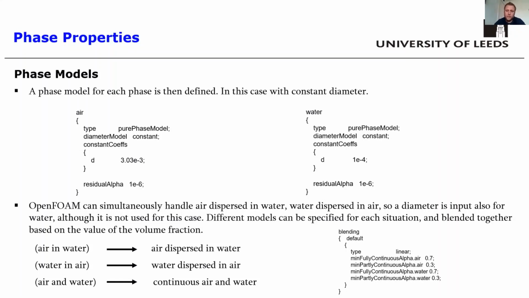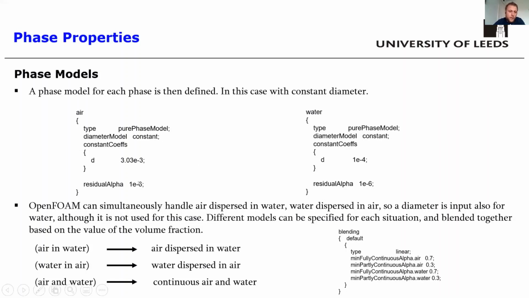It won't happen in this case, but I just wanted to mention this as an additional functionality of the model. And in this way, the model can take into account different flow regimes that can happen in the flow and select the right closure relation for the interfacial exchanges for each flow regime.